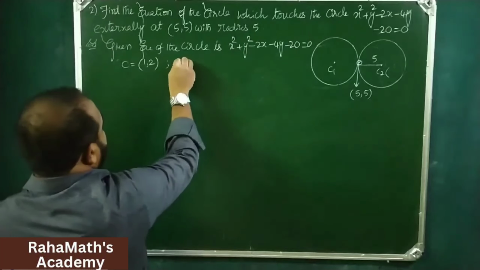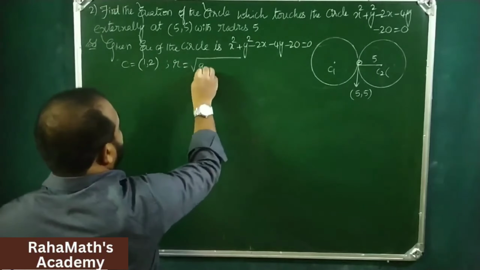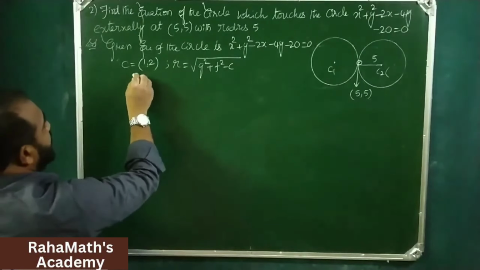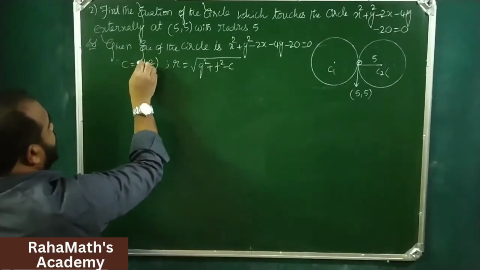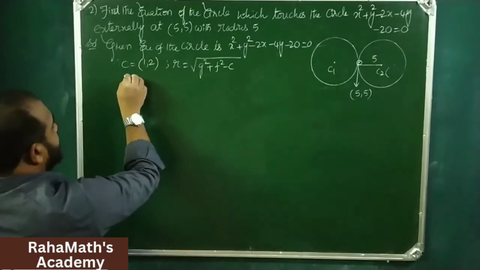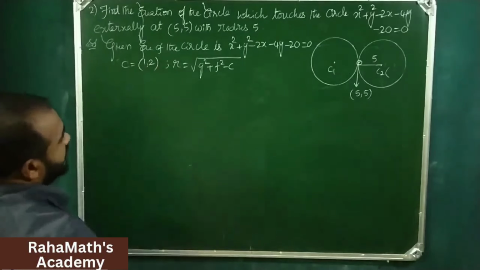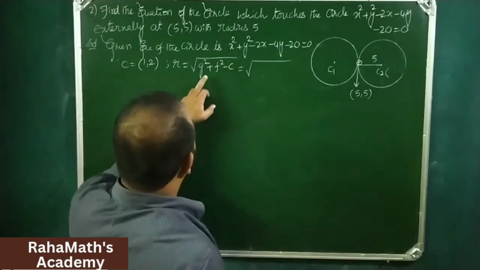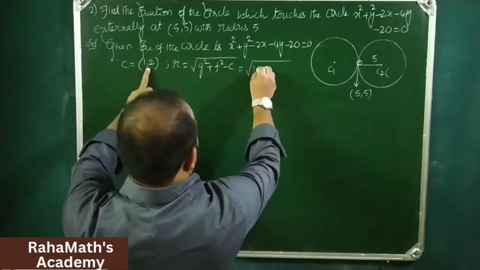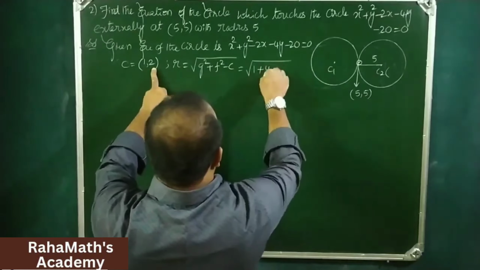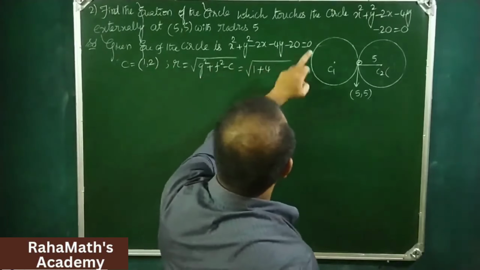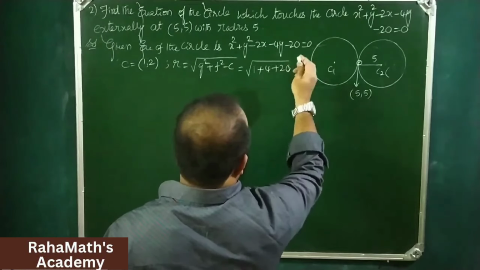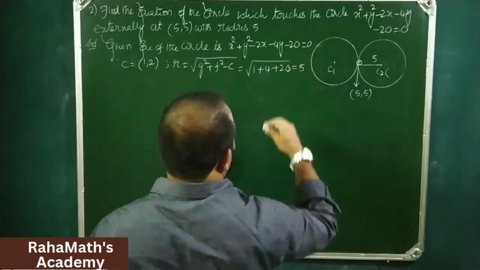So what is the radius? Square root of g square plus f square minus c. Center of the circle is minus g comma minus f. So that is g square 1 square 1, f square 4, minus c, minus of minus is plus 20, that is equal to root 25, which is 5.